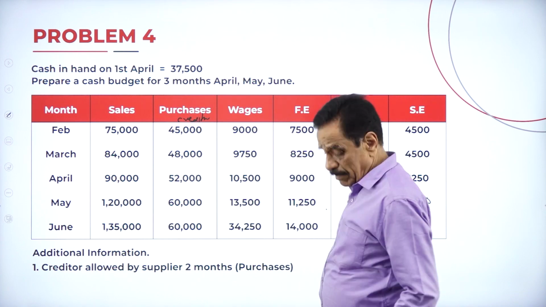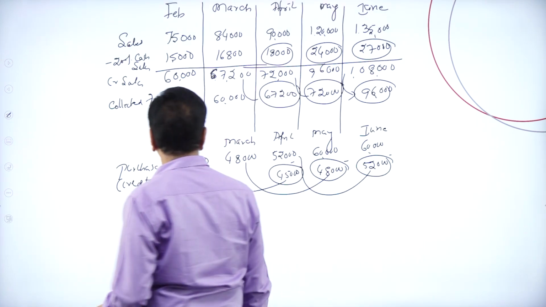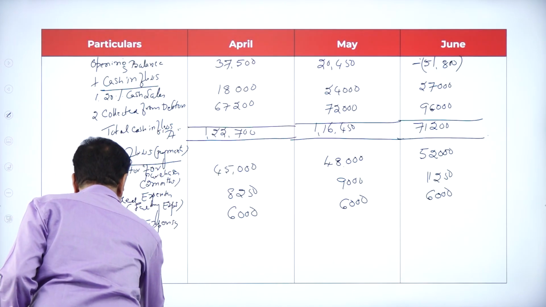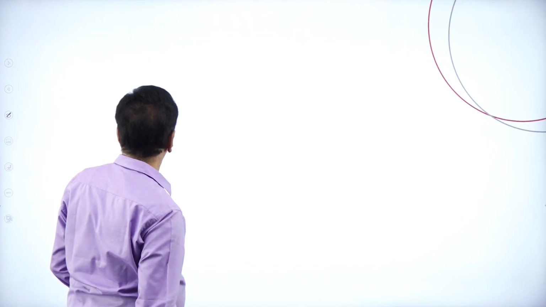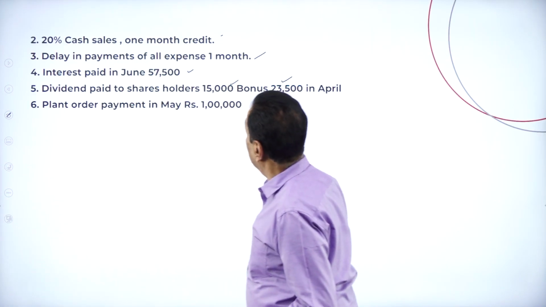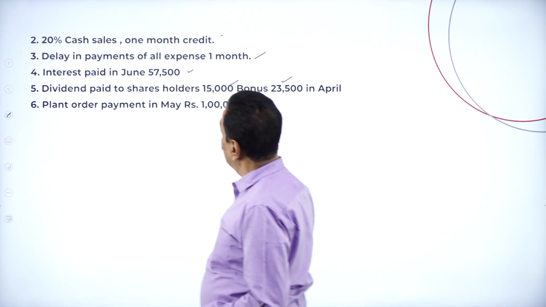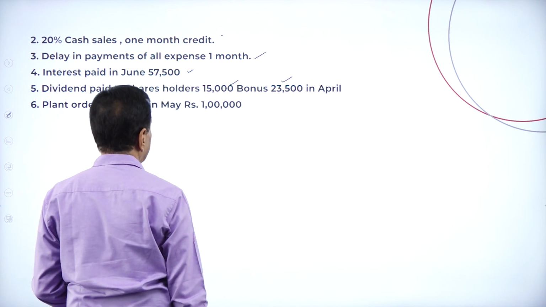Wages paid. Another wages is also there. Regarding the wages left over here, no information. All expenses, assume that all expenses have been paid. Regarding the wages, we assume that it has been paid in the same month.